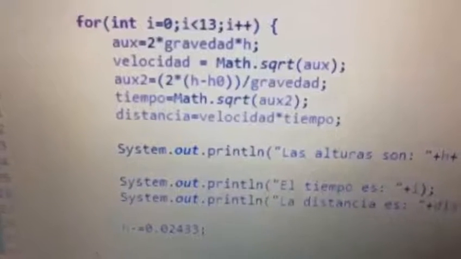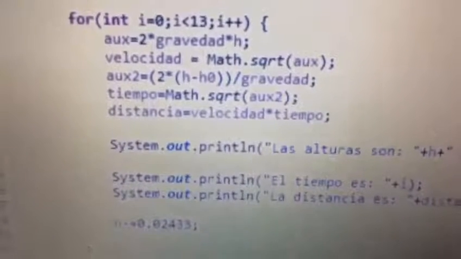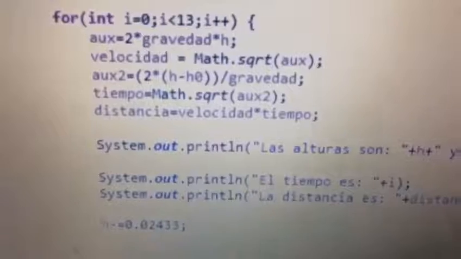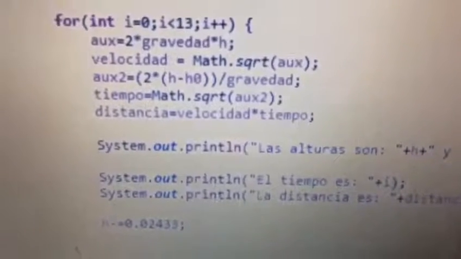Then we use the typical formula to get the distance, that is velocity multiplied by time.